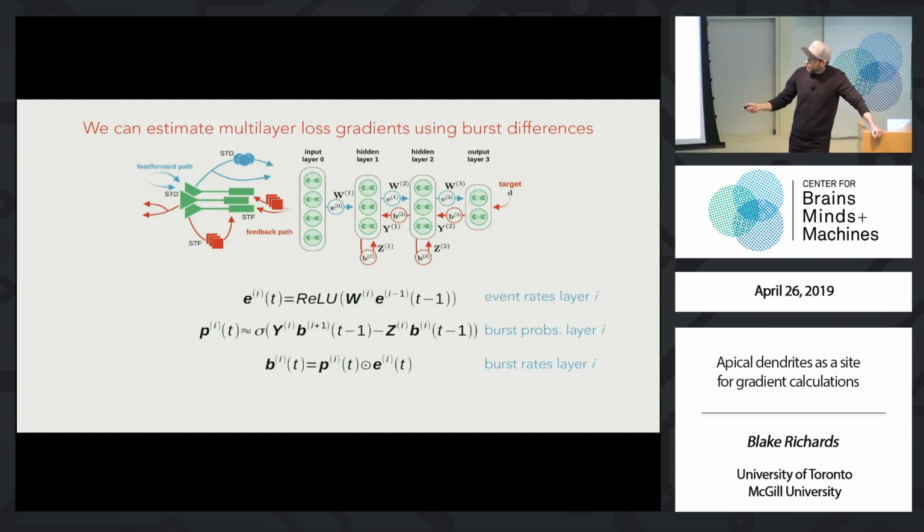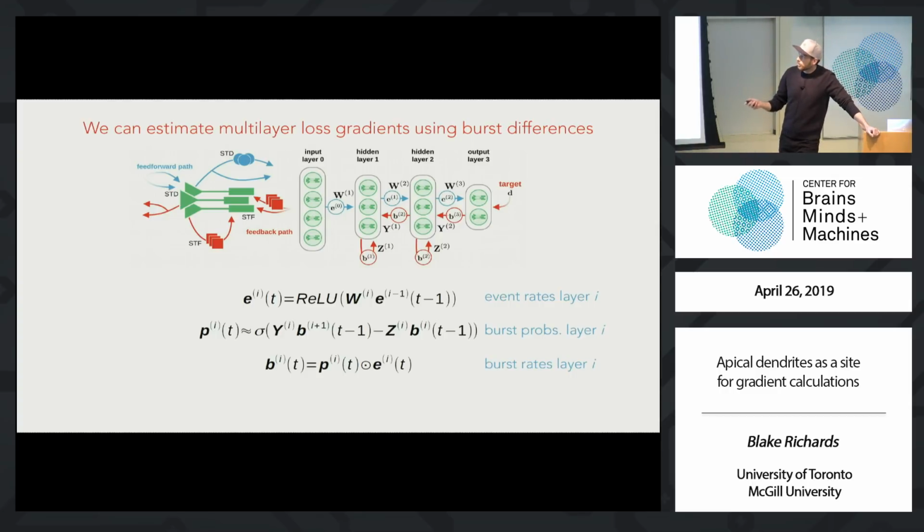The burst probabilities are a sigmoid function applied to the burst rates from the layer above, where the burst rates are just the product of the burst probabilities with the event rates. In addition to taking into account the top-down input in the burst probabilities, we also have a recurrent inhibition term that's introduced by our very loose approximation of somatostatin inhibition, which we're going to use to regulate the non-linearity of our burst probability.